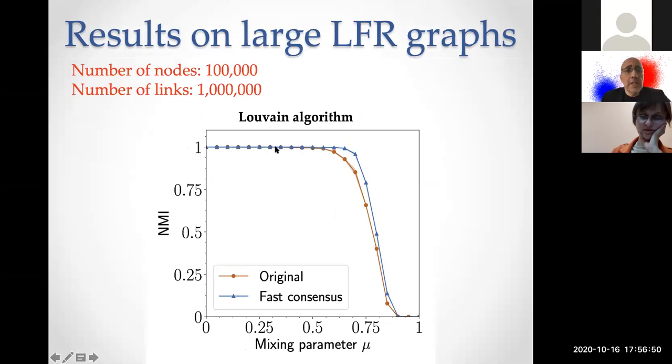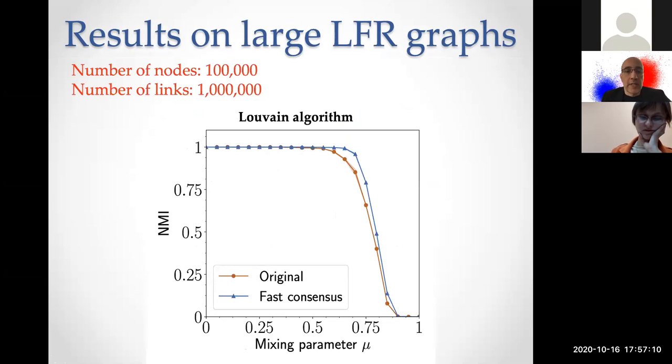Okay, this is just a plot that we added to show that with this fast consensus procedure, we can now really take large networks. This is just an example, but it runs in a very short time. This is a network with 100,000 nodes and 1 million links. And for this one, we can get the performance diagram that you see.